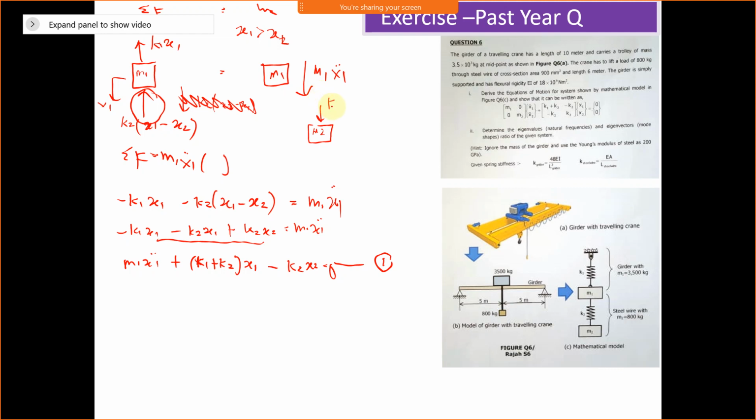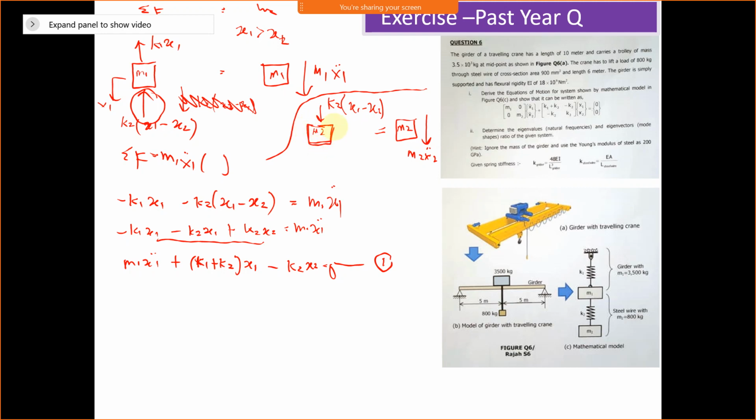So we have K2 and then we have X1 minus X2 sama dengan M2. Okay, downward. Alright, still downward. So kita ada M2 X double dot 2. Okay, clear? This is for M2.